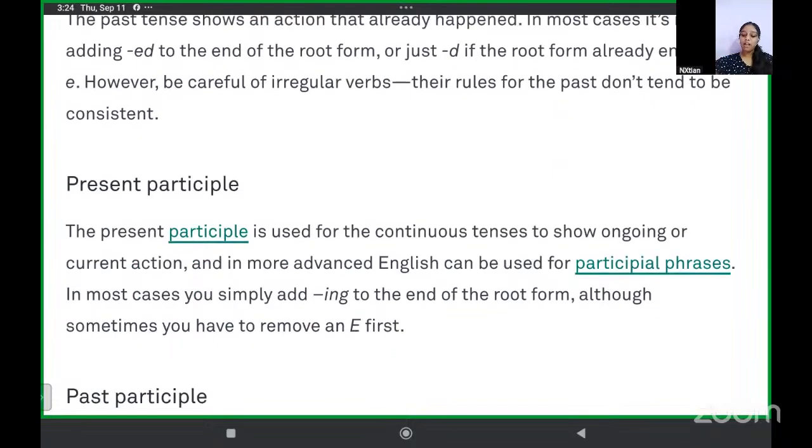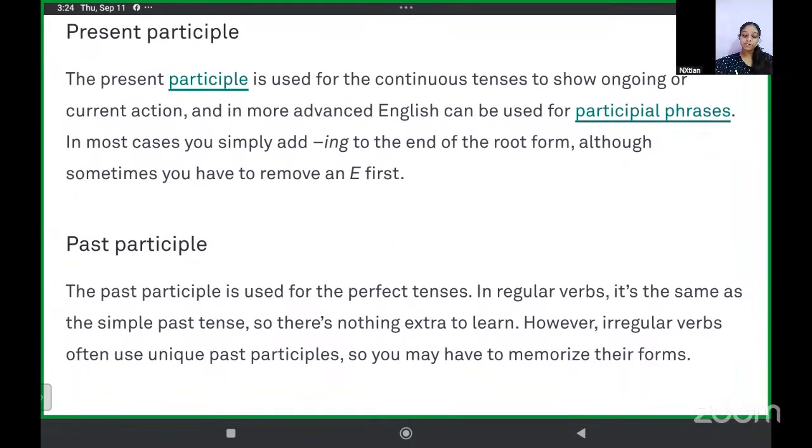We take the root form and we add ed or d to make it simple past tense. Present participle. The present participle is used for the continuous tenses to show ongoing or current action, and in more advanced English can be used for participial phrases. In most cases, you simply add ing to the end of the root form, although sometimes you have to remove an e first.